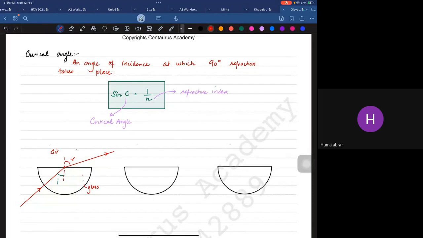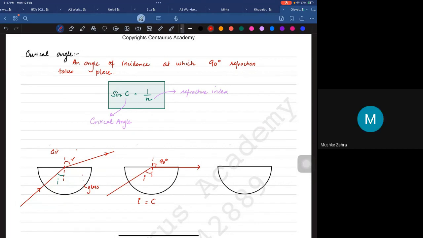But then, kids, you increase the angle to an extent where at a certain angle the ray is going to bend completely, 90 degrees to the normal, like that. This is where this angle i will be equal to the critical angle. Is that clear, kids? Yeah, it's clear.